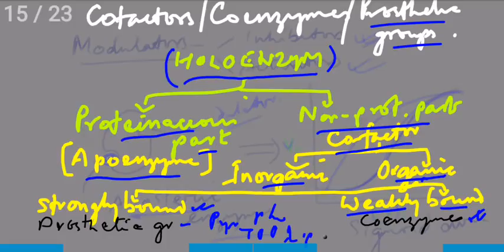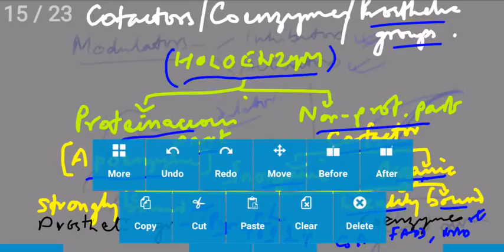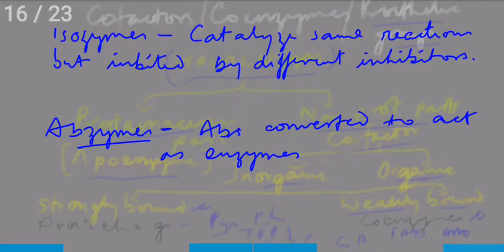But FAD is a coenzyme. Maybe in certain cases NAD is a coenzyme. Coenzyme A is a coenzyme. So these are the coenzymes which are weakly bound, and those which are directly covalently linked with the enzyme are called prosthetic groups.